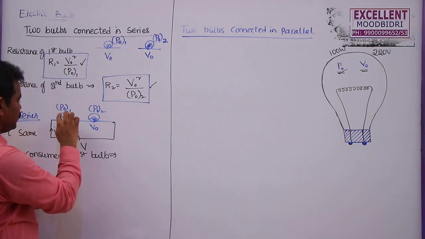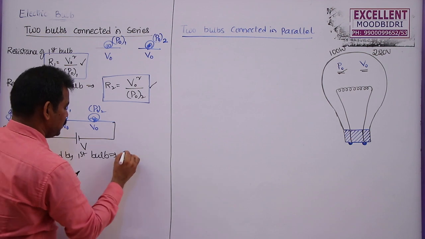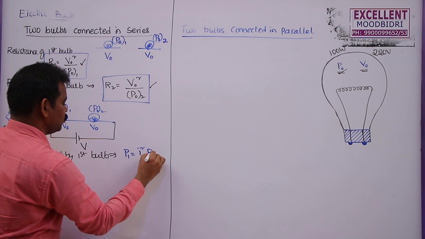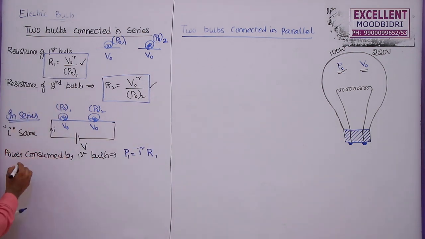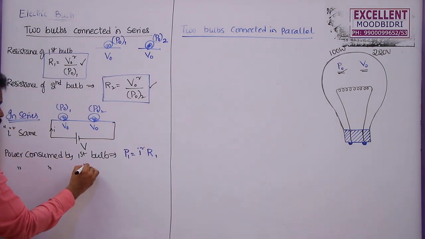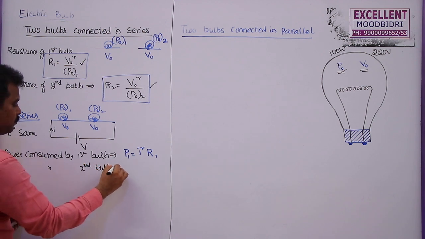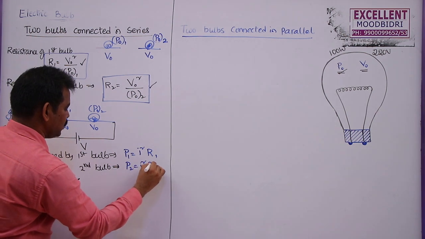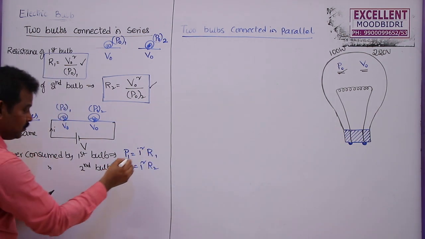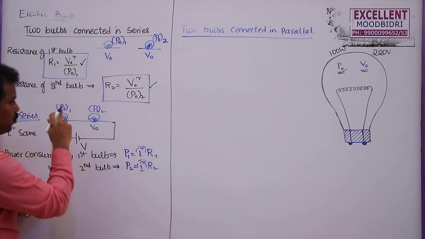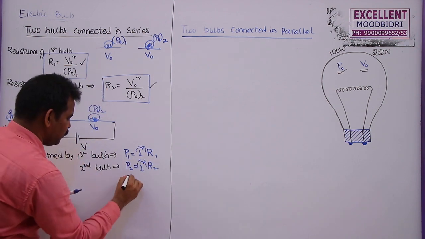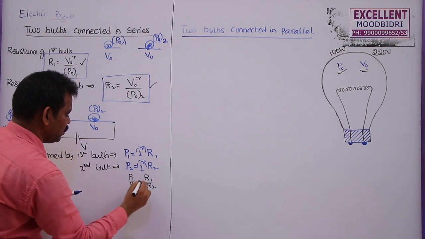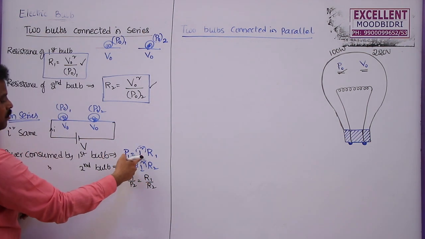So power consumed by the first bulb is given by P1 is equal to I square into R1. The power consumed by the second bulb is given by P2 is equal to I square R2. As I is the same in both bulbs, we can write P1 by P2 is equal to R1 by R2, or P is directly proportional to R.